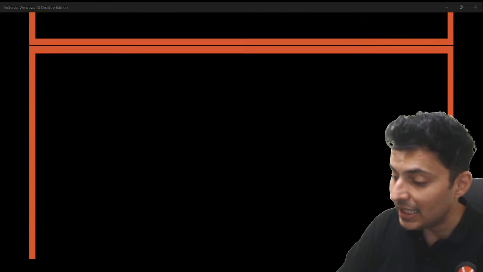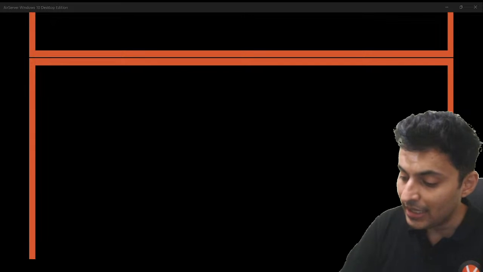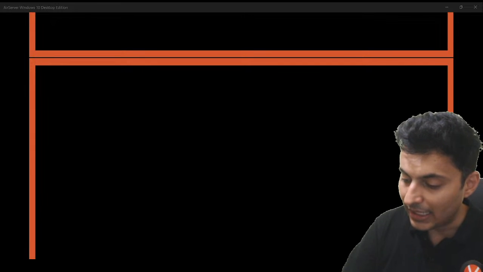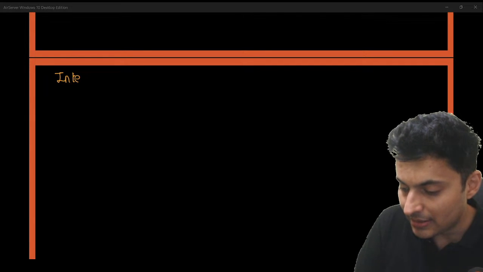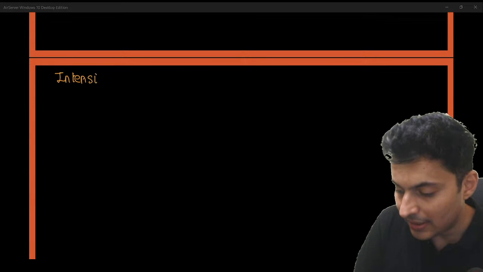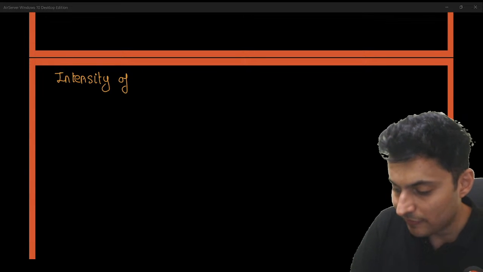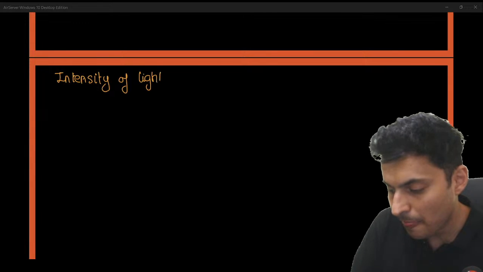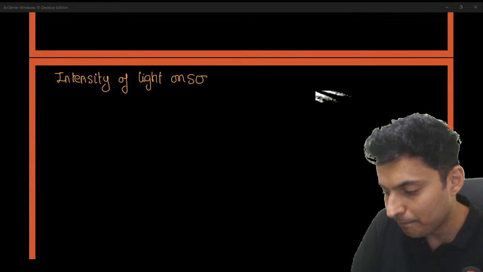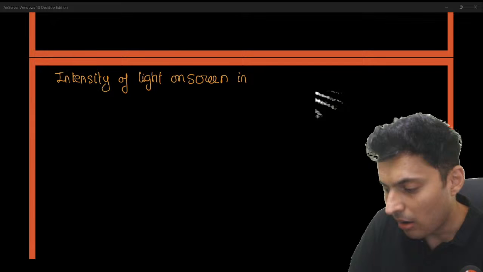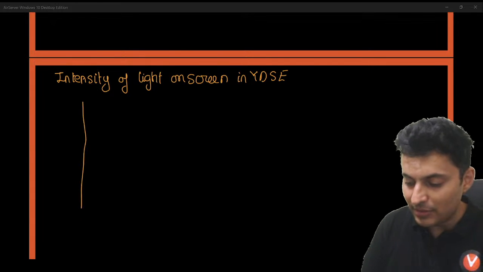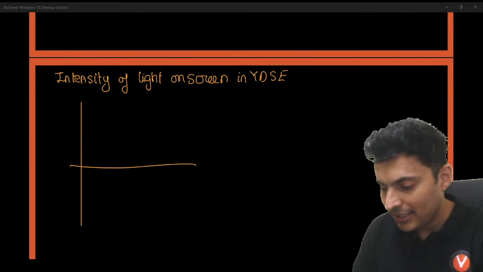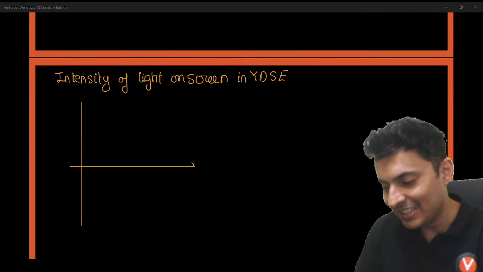Next thing is the intensity of the light on the screen. How does the intensity of light on the screen in Young's double slit experiment vary? This graph is usually drawn at 90 degrees like this.